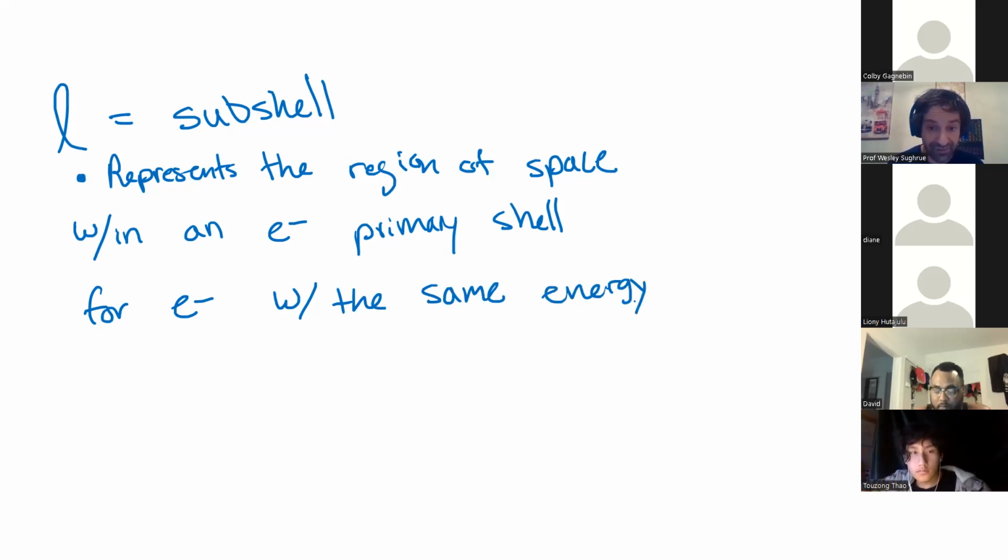So we said the primary energy level, they're approximately the same energy. Depending upon what primary shell we're talking about, there can be more than one subshell within a primary shell. Okay.